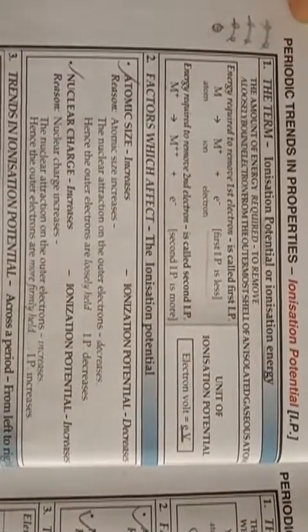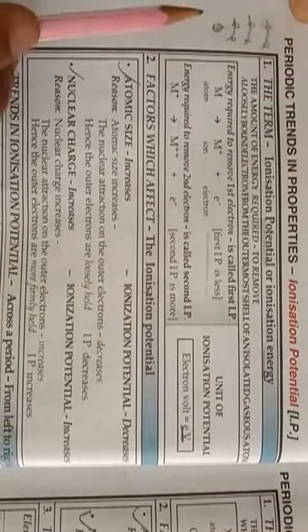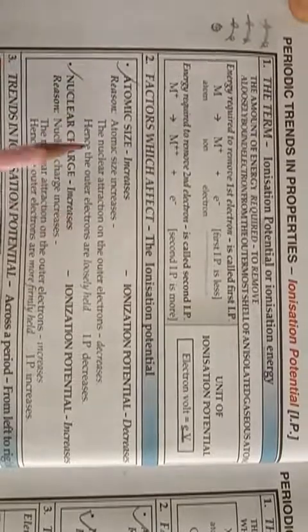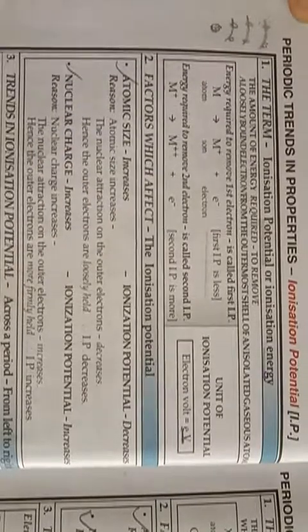Atomic size or atomic radius increases, then what will happen? Attraction of the nucleus to the electrons will decrease, and hence the outer electrons are loosely held. IP will also decrease. Okay, children.